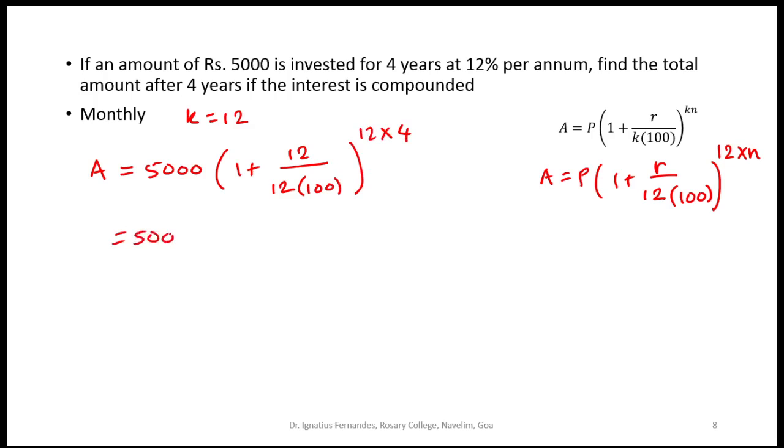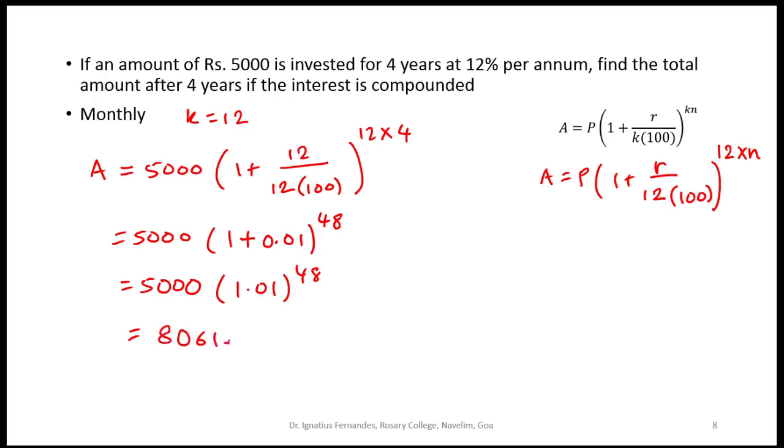So this is 5000 into 1 plus 12 upon 12 is 1 upon 100, 0.01, raised to 12 into 4, which is 48. So what we are finding is 5000 into 1.01 raised to 48. Again we can use a calculator in finding this, and this value comes to 8061.13.